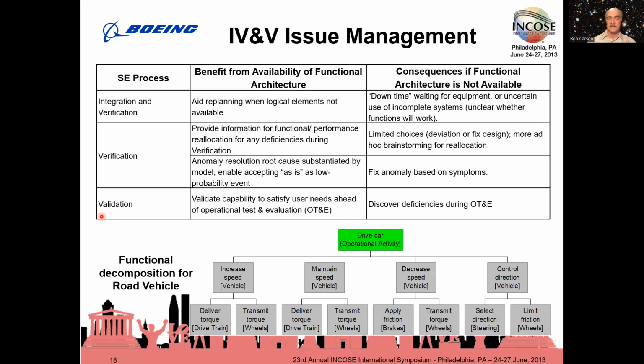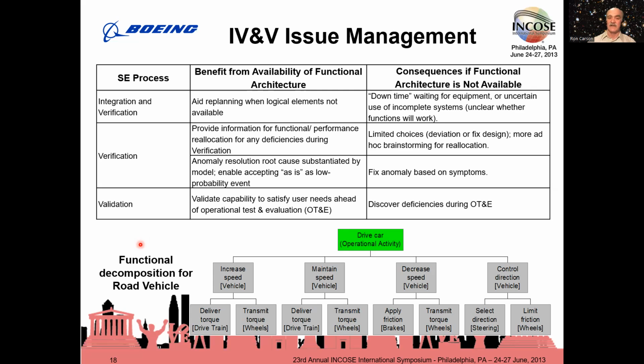Issue management is a common problem because problems always arise during integration and verification. So one way we can use the functional architecture is to aid replanning when logical elements are not available. Okay, we have a subset of what we need. What can we do with it? What could we prove? What could we integrate? What could we verify?